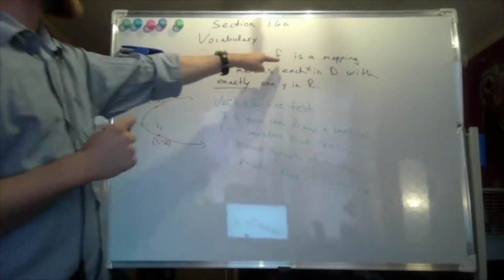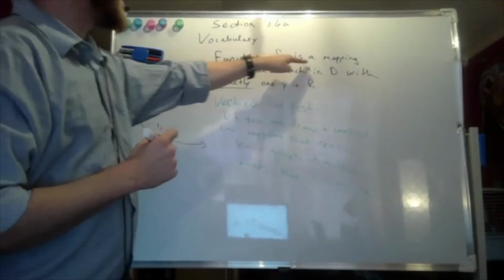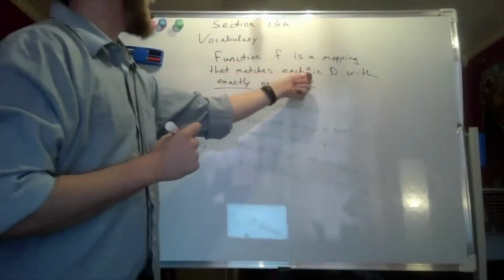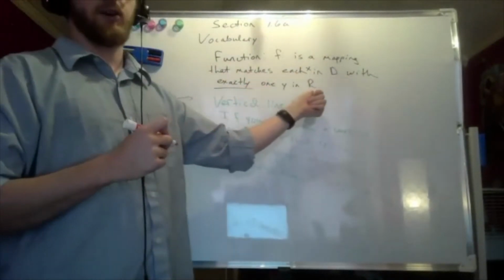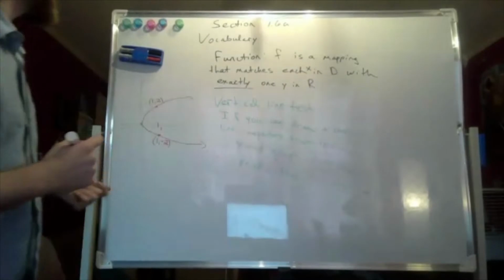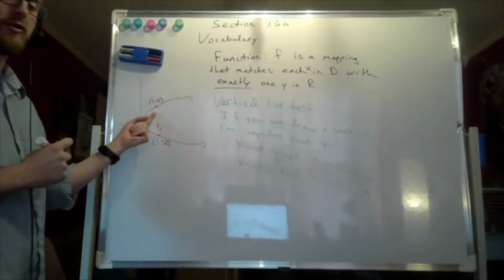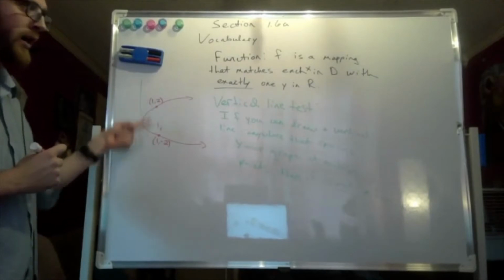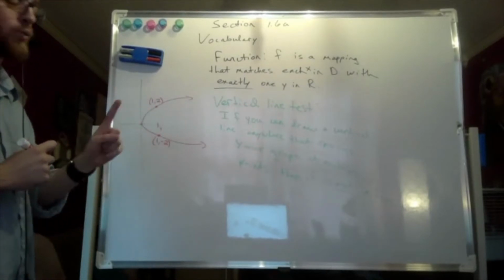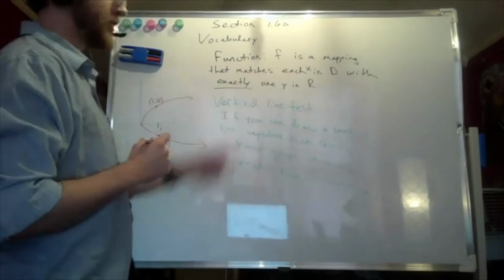Remember, our function definition says it is a mapping that matches each x in our domain with exactly one y in R. So in this case, if I plug in 1 for this function, I can get two different y values. I no longer have exactly one that x matches with.